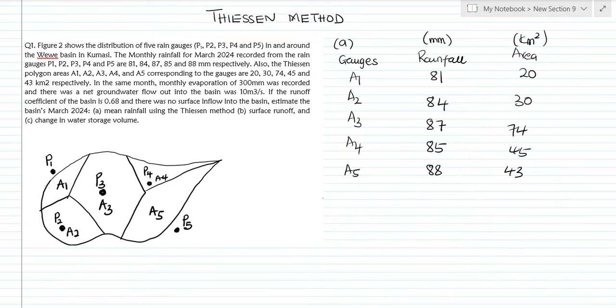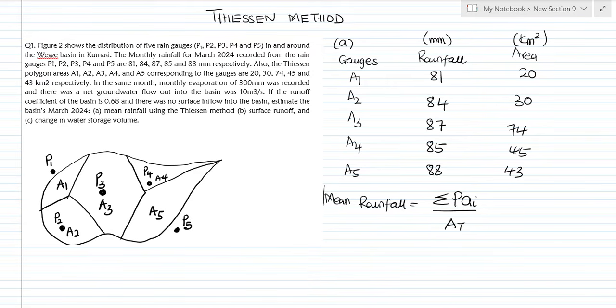Now we are using the Thiessen method. The mean rainfall, according to Thiessen, is equal to the sum of the individual rainfall times their area over their total area, right?